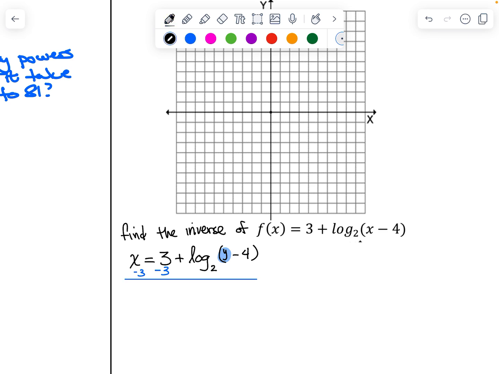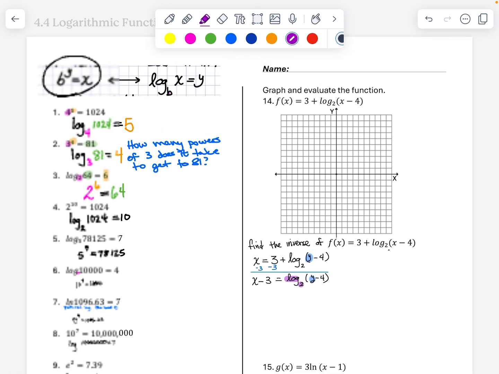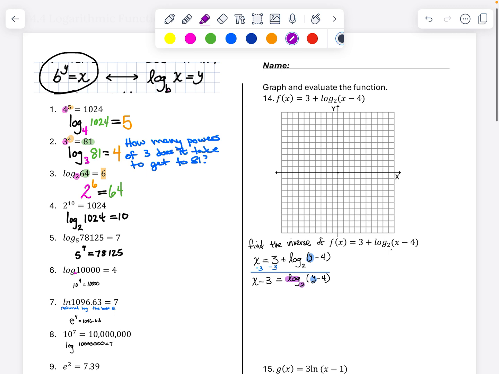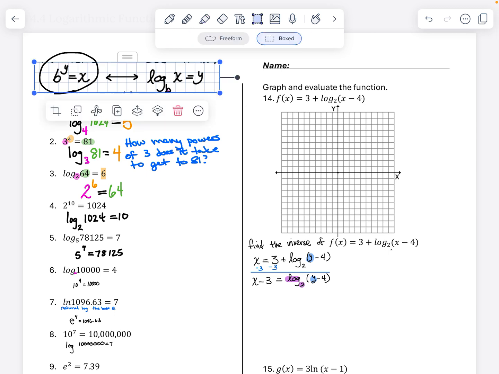So we have x minus 3 is equal to a log whose base is 2 and whose argument is y minus 4. Our goal is to isolate y. Y is inside of a logarithm. So we are going to use the convert rule. So we are going to use this rule.